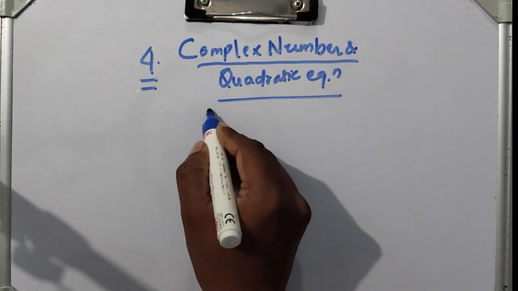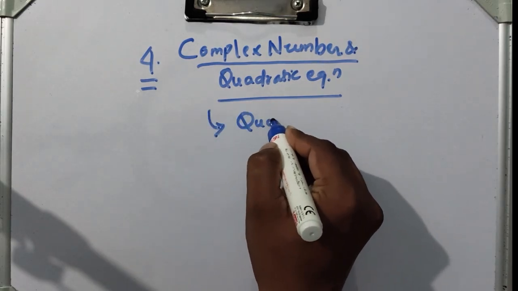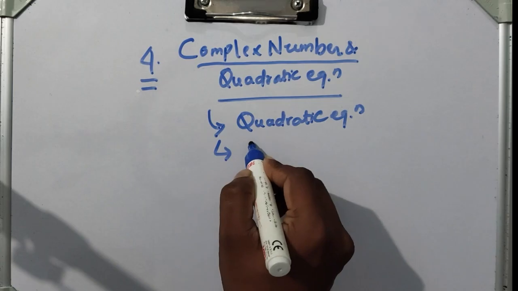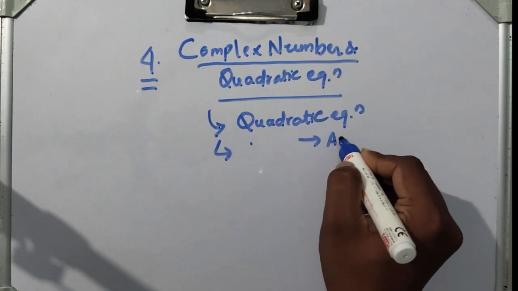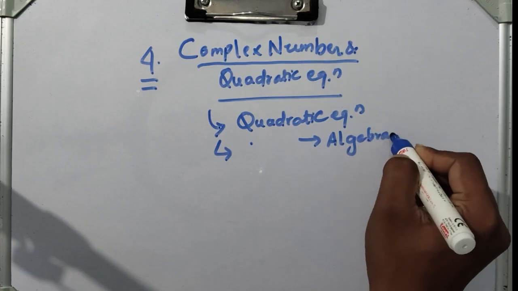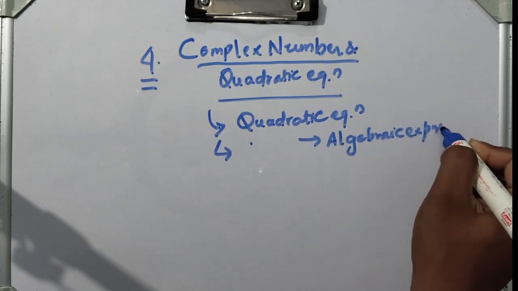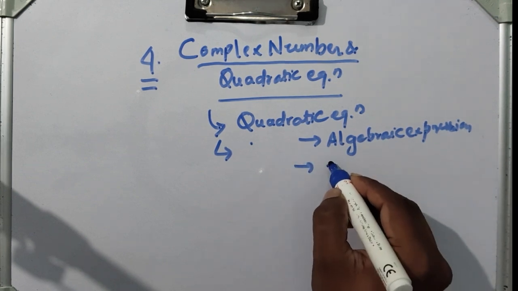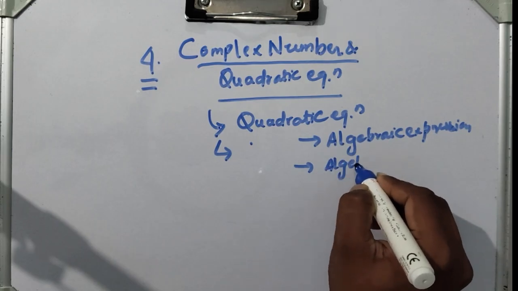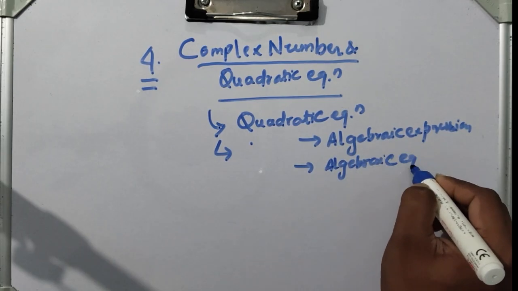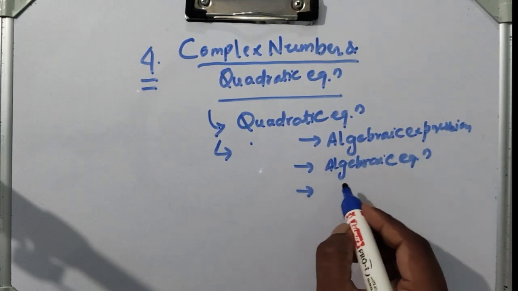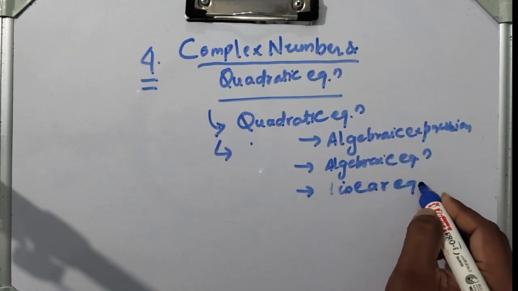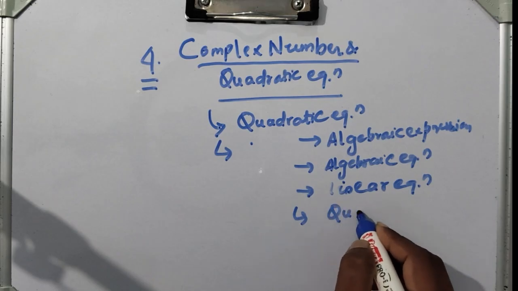So first of all, in this chapter we will read about quadratic equation. Before that, we will learn about algebraic expression, then algebraic equation, then linear equation, then quadratic equation.